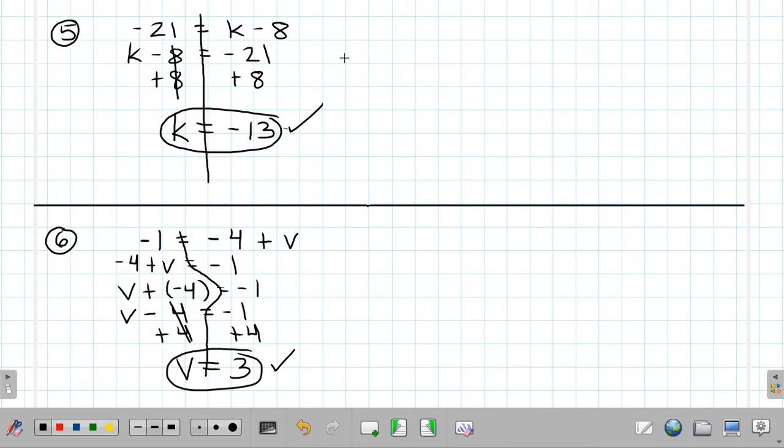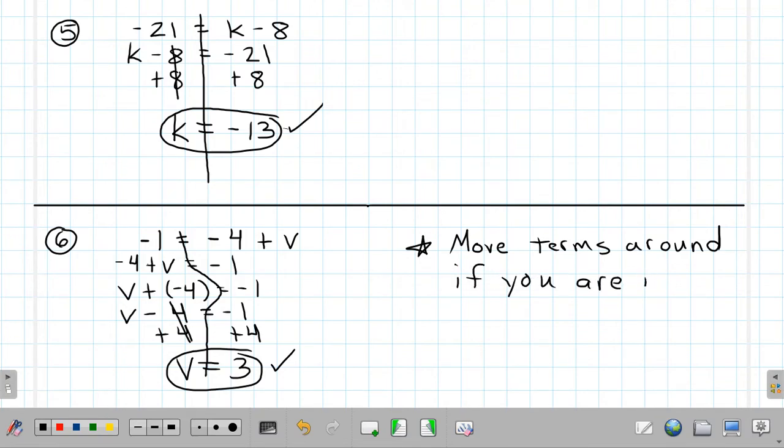The tricky part here is, okay, so if maybe you wanted to write a little note or something, move terms around if you are unsure what operation to use.